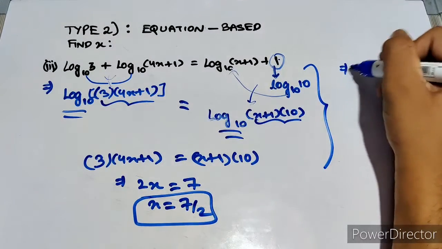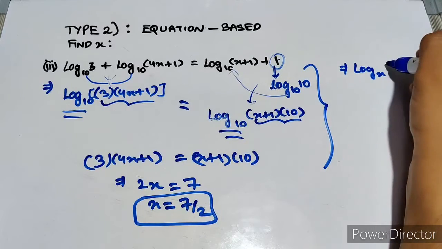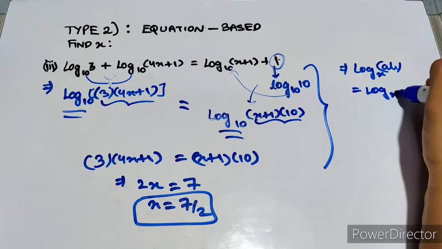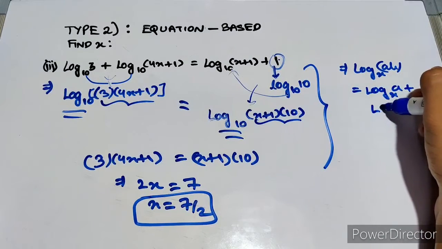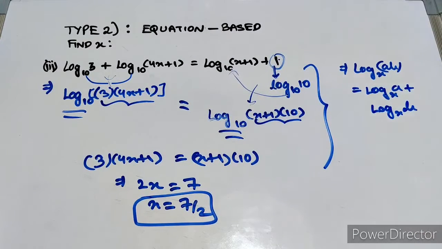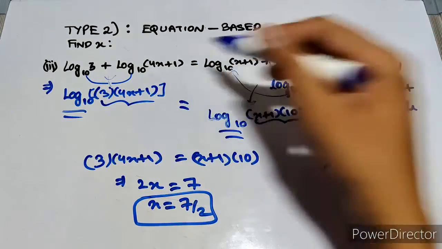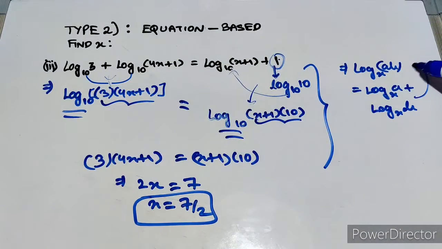I simply used the property that log of this can be written as, I have just reversed the thing. The sum of these two things was given, like a is equal to 3 and b is equal to 4x plus 1. Then we can convert it into this directly using basic properties of log. So hopefully this answer is also clear to you.